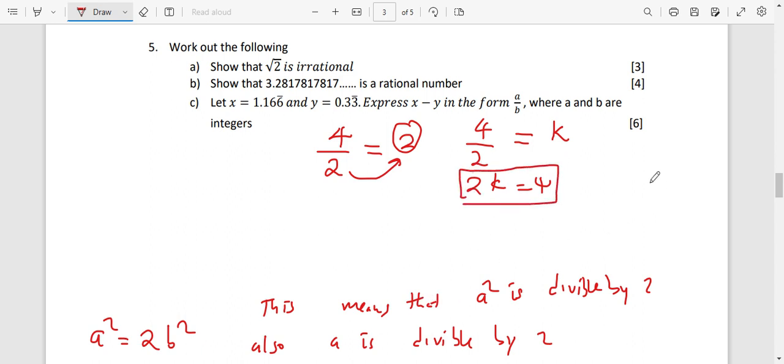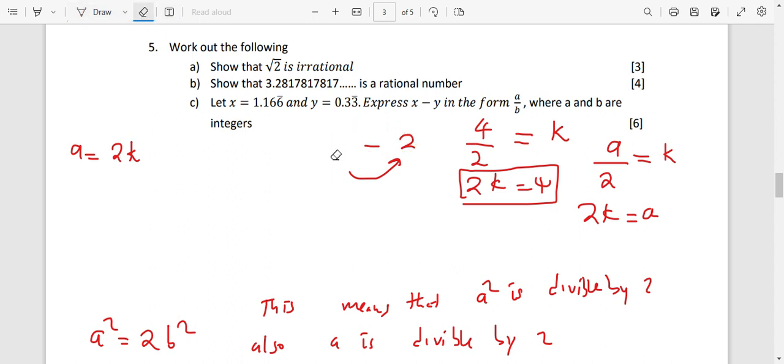So we are saying that a is divisible by 2. Mean that if a is divisible by 2, it's going to give us a certain integer k, whereby 2 times k is going to give you a. So just this condition we've written down here, a is divisible by 2, it means that a is equal to 2 times a certain number k. That is the meaning. I hope that is okay.